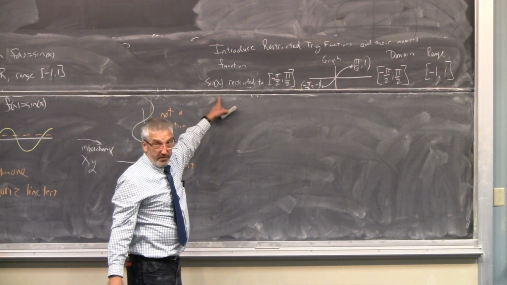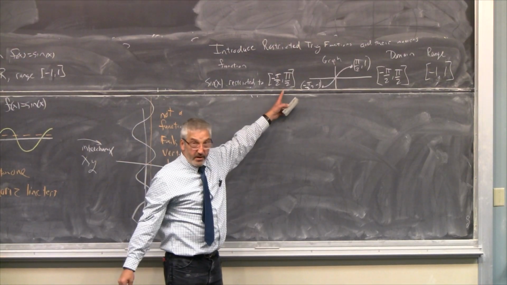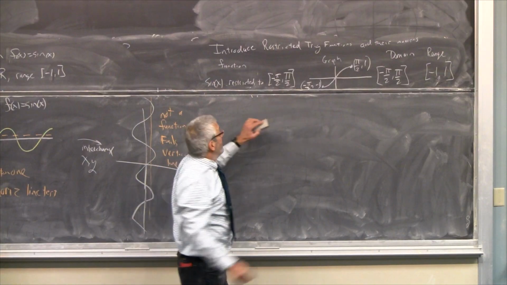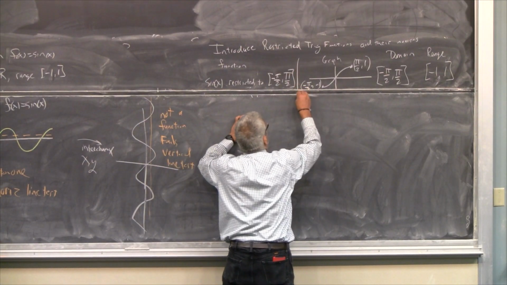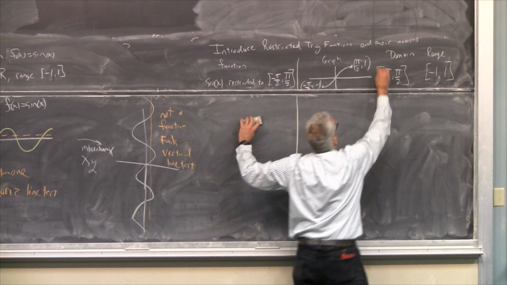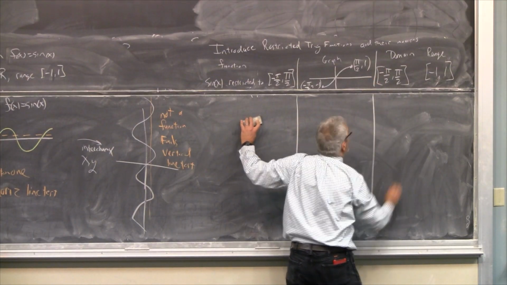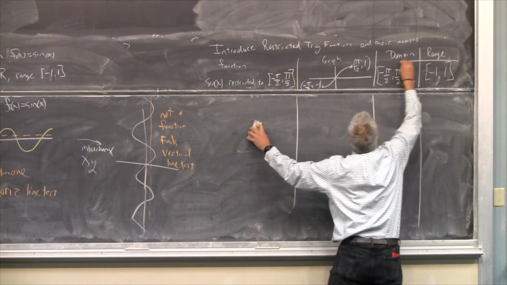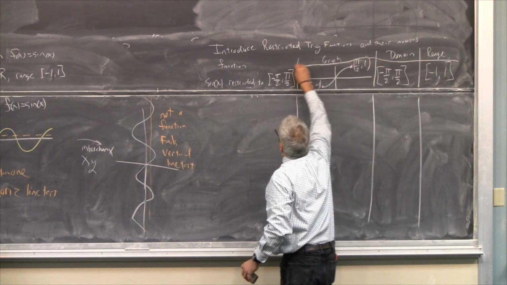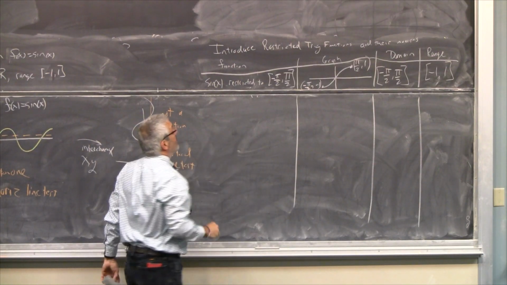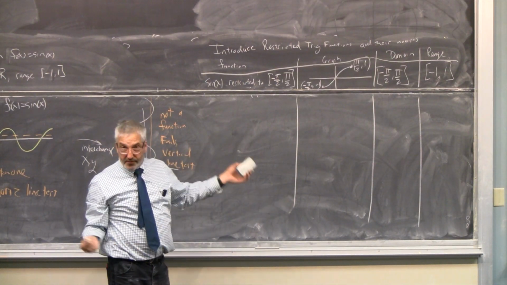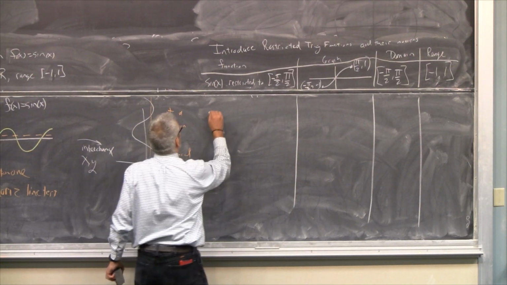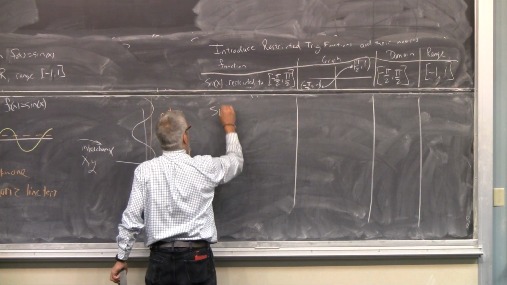This function, if you say all these words, sine of x restricted to that interval, that function is 1 to 1, so it has an inverse function. So since that has an inverse function, I'm going to introduce it. I'm going to use the notation for inverse function.